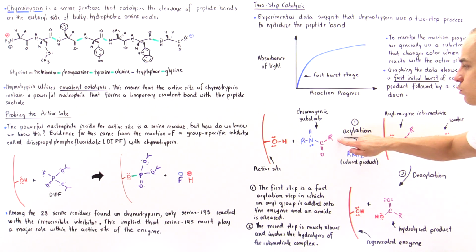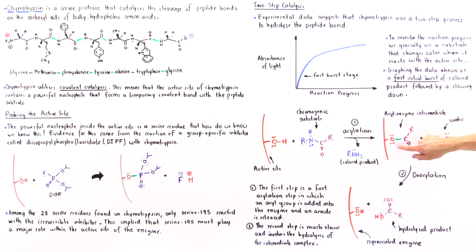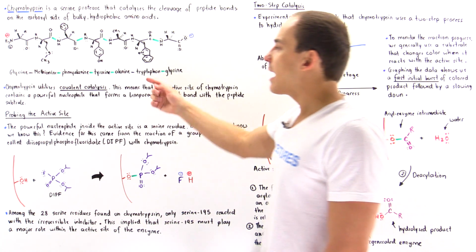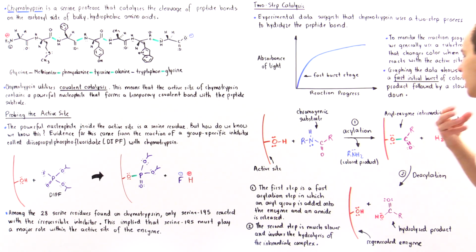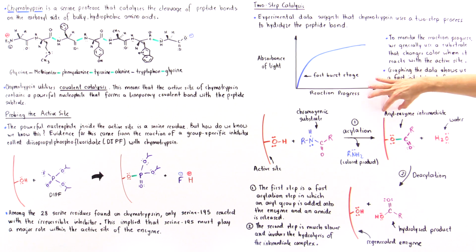So this entire group is attached onto the oxygen as shown. And this is the covalent bond that is temporarily formed. Remember, chymotrypsin uses covalent catalysis, and that means we form a temporary covalent bond. So this intermediate is known as the acyl enzyme intermediate.